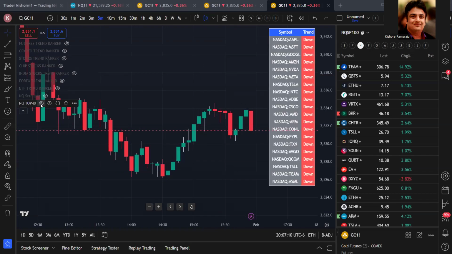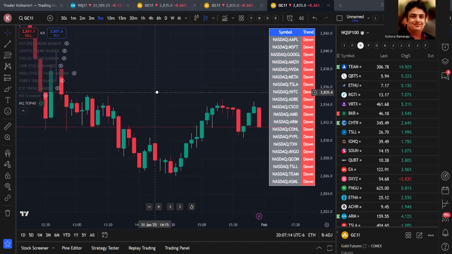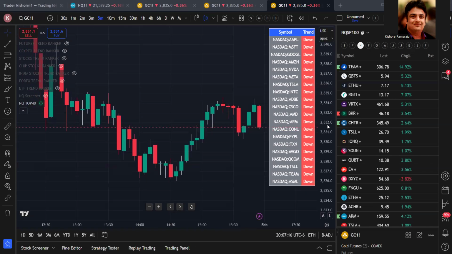So the first one is something called NQ Top 40. As you know, most of you, Nasdaq or QQQ tech stocks are the most moving stocks in the market. There are S&P 500 stocks, but they move a little slower.